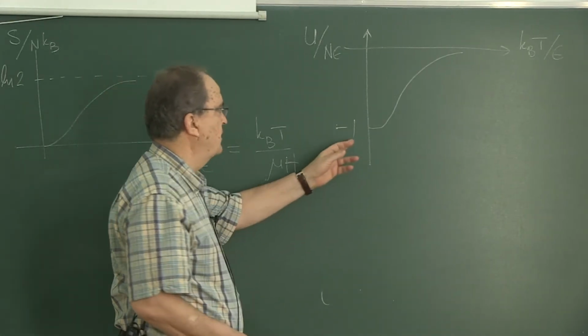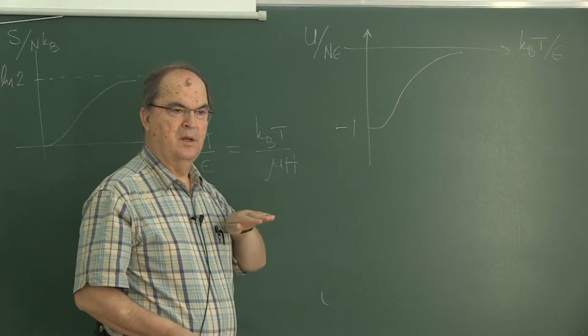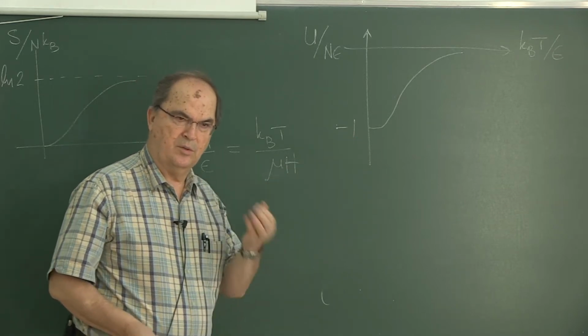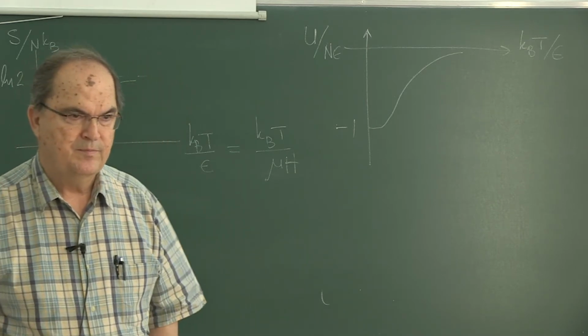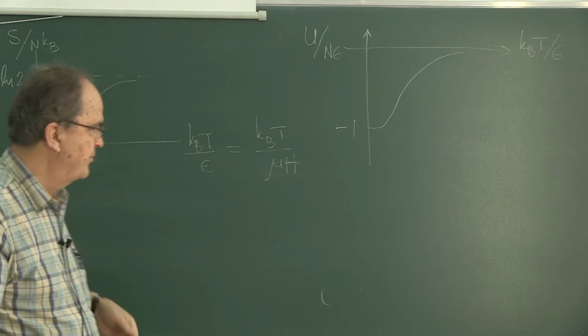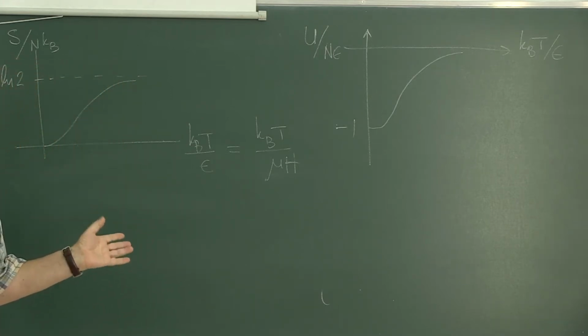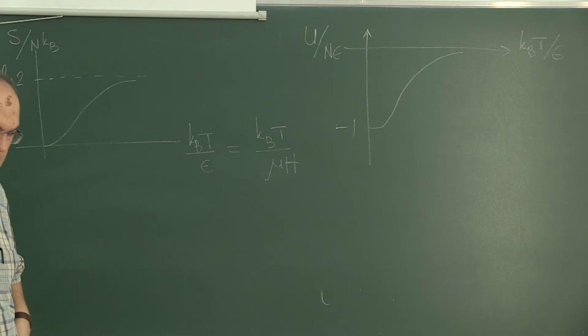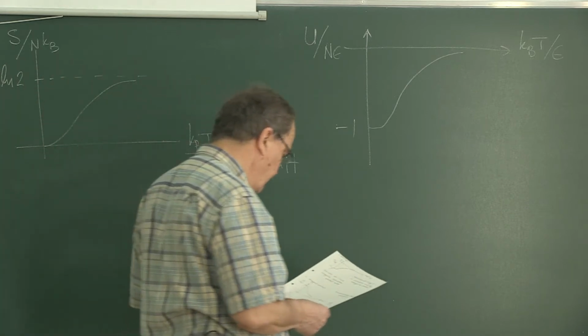And this one, all of them are aligned with the magnetic field at low temperatures. Remember, temperature kills the magnetism. So it's complete saturation, isn't it? They are all in the same direction, so you have the negative value, minus N times epsilon.